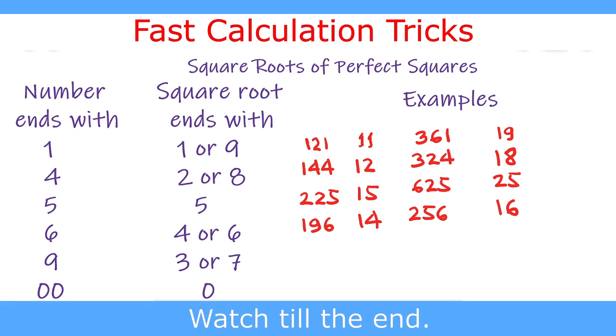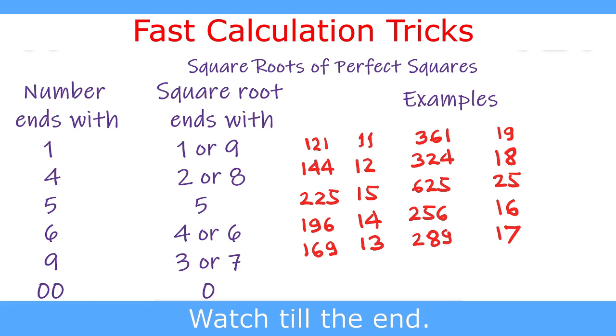Our next example is 169. 169 is a perfect square and its square root is 13. And 289 is a perfect square and its square root is 17. Thus, when a number is a perfect square and ends with 9, then its square root ends with either 3 or 7.